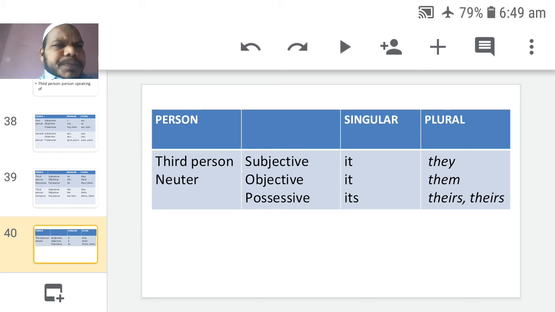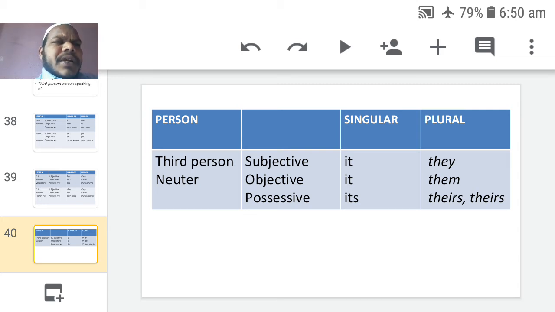I hope this table you need to practice, we need to practice, and by showing some concentration we get a clear idea. We know singular, plural, and we know persons, and we know subject, object, possession: subject which comes before, object at the end, and possession showing belongingness.